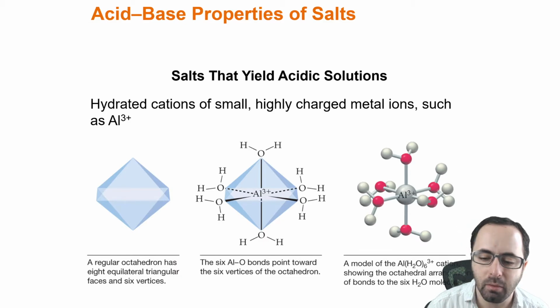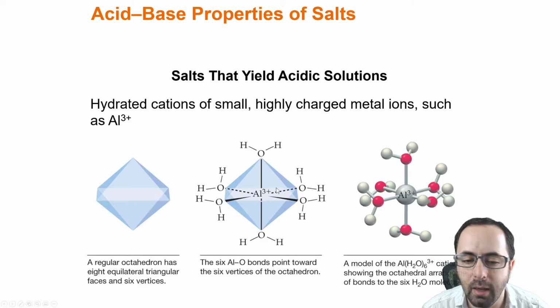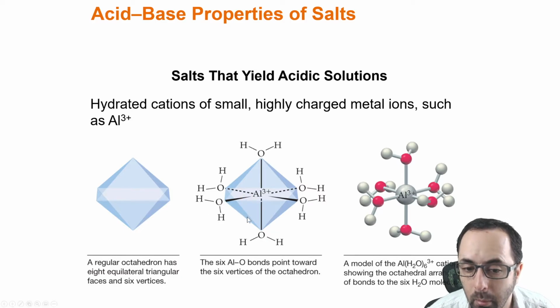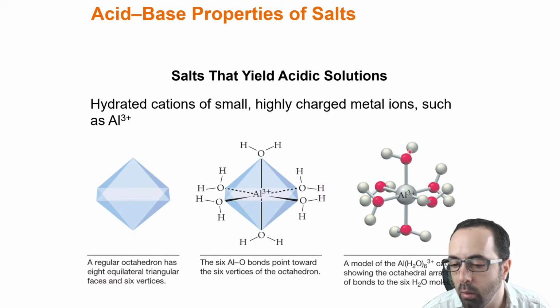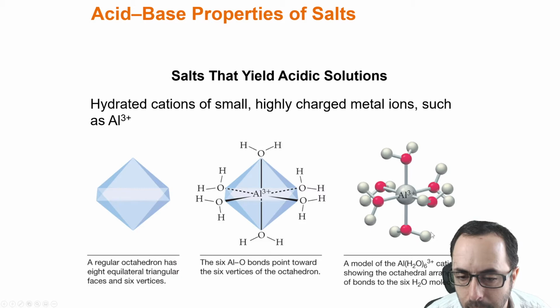It's extremely small in radius, but it has a very high +3 charge. When you put it in water, it makes a transition metal complex with water, where the water is the ligand here. So the water makes a coordinate covalent bond with aluminum, and we get this hexaaqua aluminum complex.